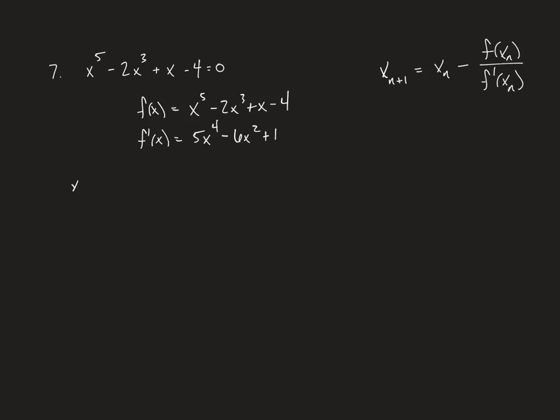I'm going to start here with my first guess being at 2. And if you use 2 for your first guess and you throw it into this equation, then your second guess is going to be 1.754386.